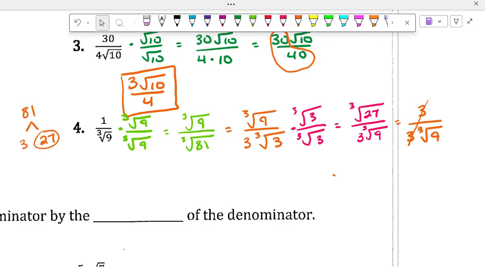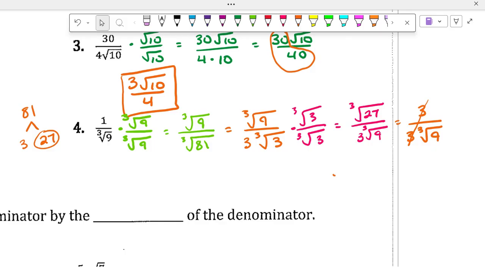When you're rationalizing a square root, you got to multiply it by that square root twice. With a cube root, what do you think you're going to have to do? Three times.